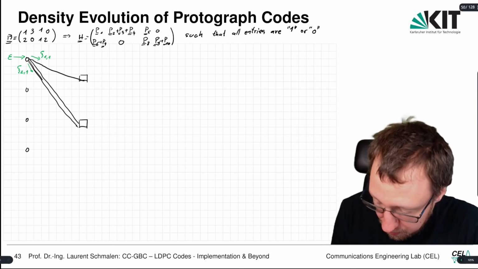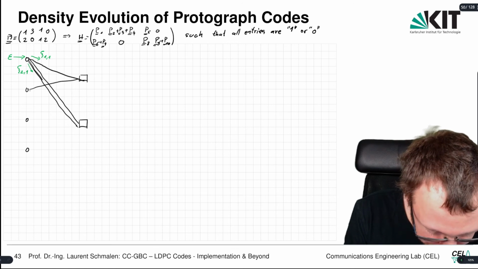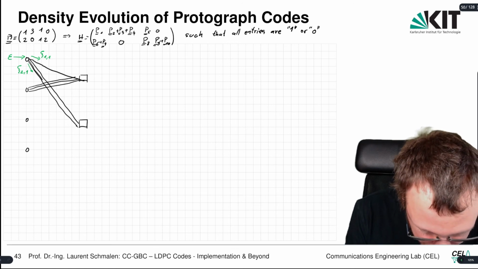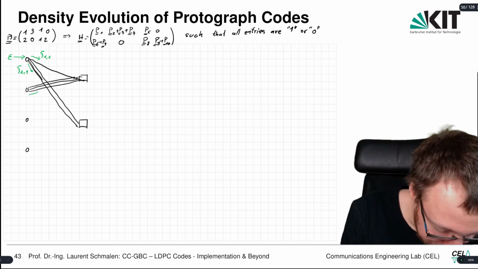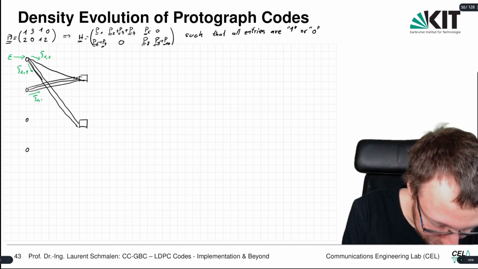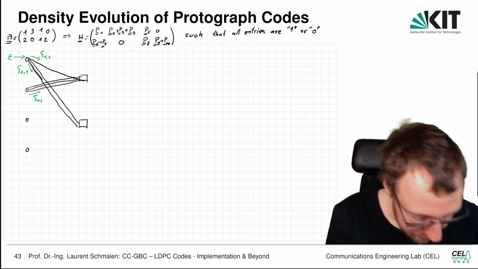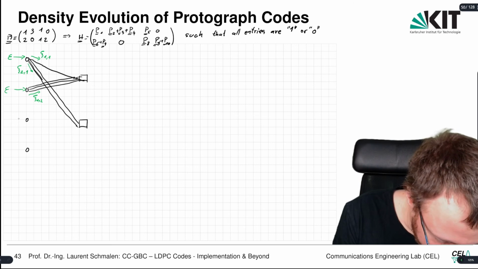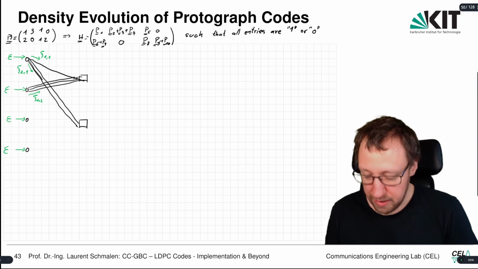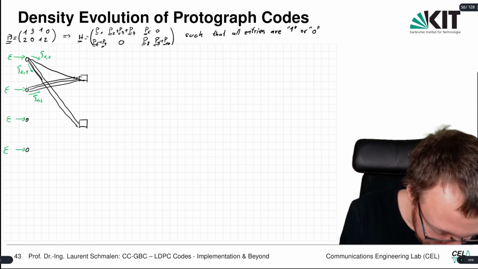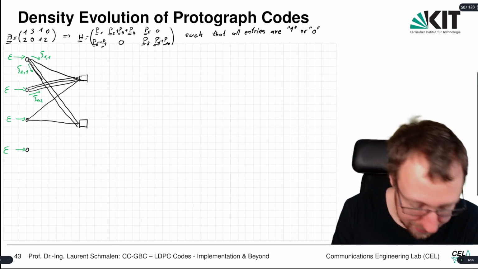Then the second variable node has a triple edge connecting to the first check node, which is erased with probability C12. And all of the variable nodes are erased with probability epsilon. Then this one is connected like this.